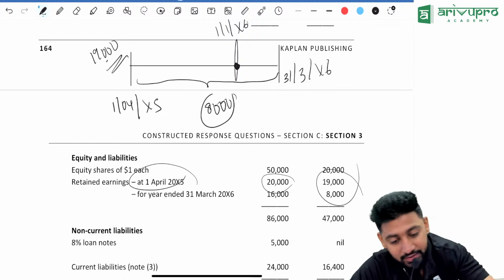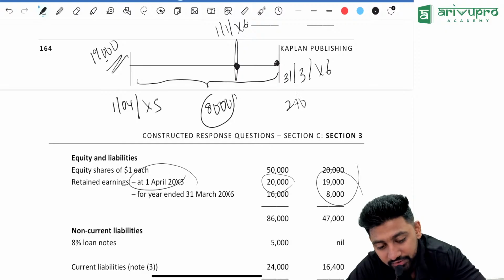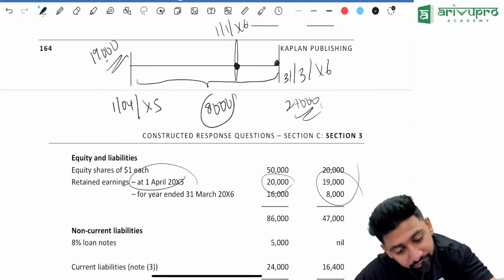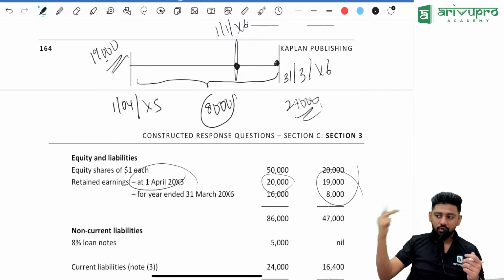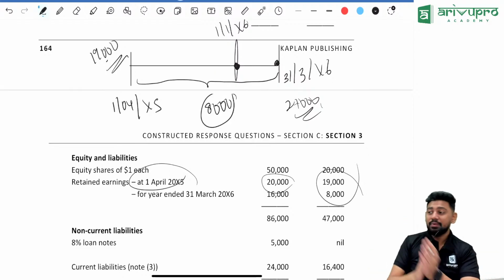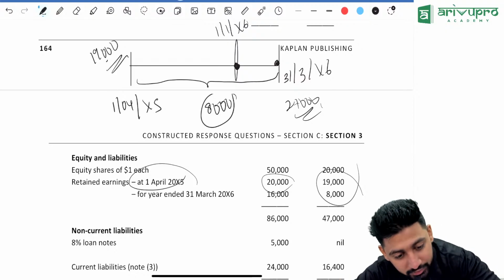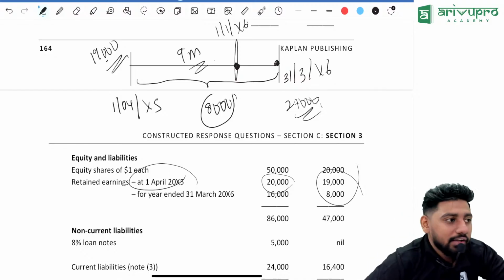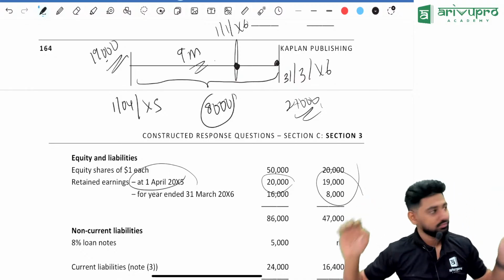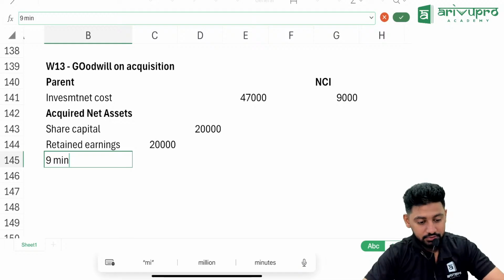Meaning, as at the year end, 19 plus 8, we took 27,000 when we calculated the reserves, correct? But if I want it here, I want April, May, June, July, August, September, October, November, December. I know you know the months, but in the exam, use your fingers, get that 9 months. So 9 months post acquisition profit that I need to account for. Going back, 9 months profits.